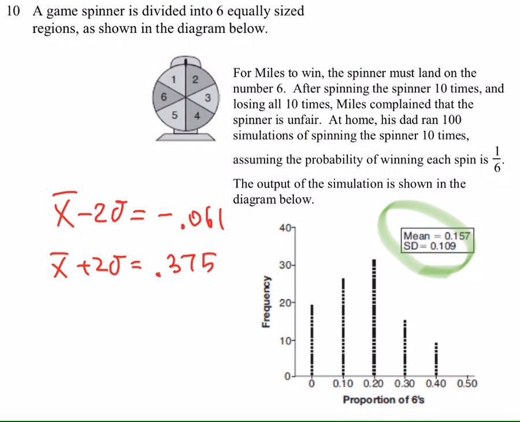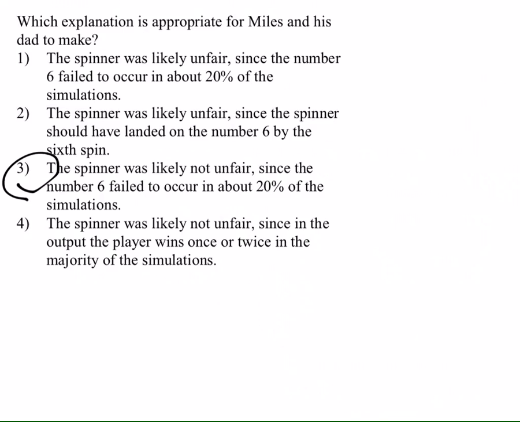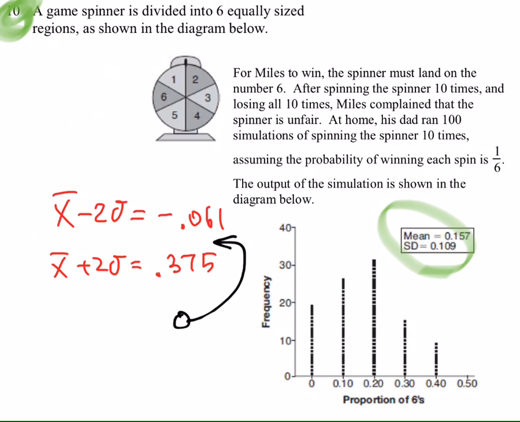Now, when you look at this context, we realize that 0 wins, which is 0 in itself, in fact belongs right over there. So what does that mean? In this case, which explanation is appropriate? Choice 3. The spinner was likely not unfair, meaning it was fair because, as you can see, 0 wins belonged to the expected values here.